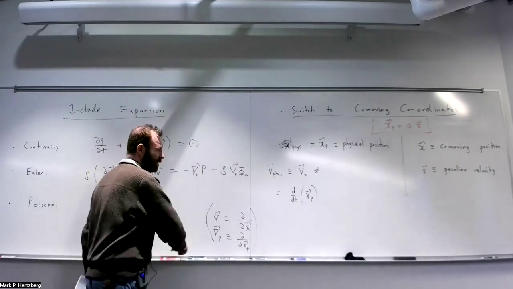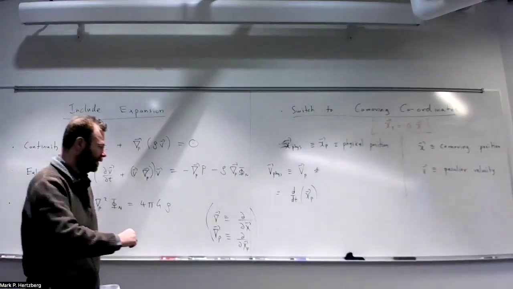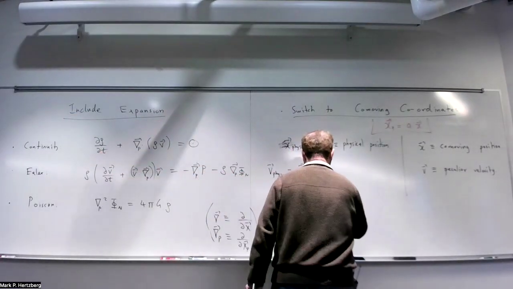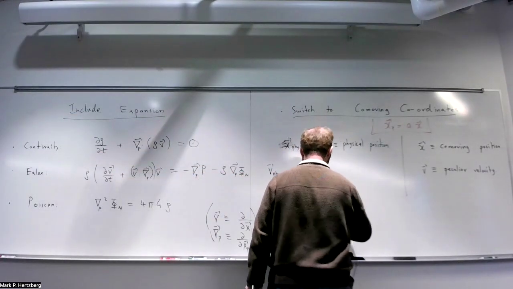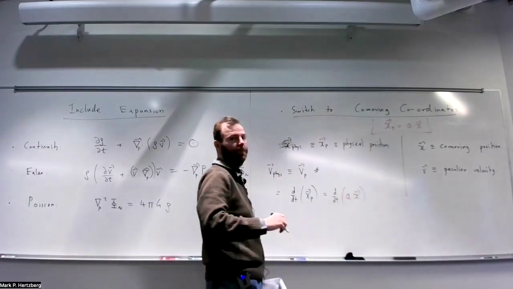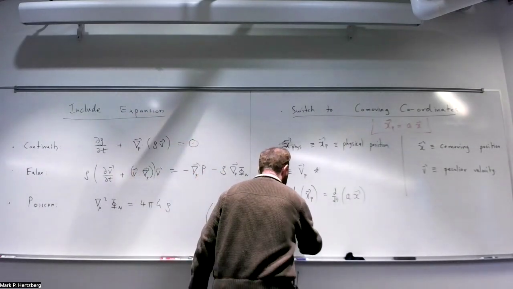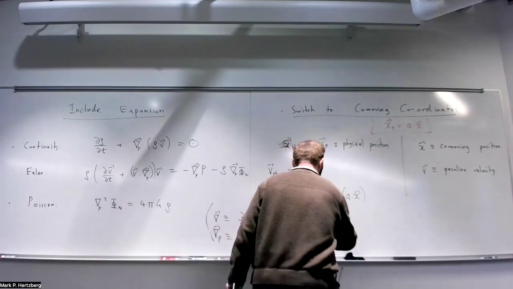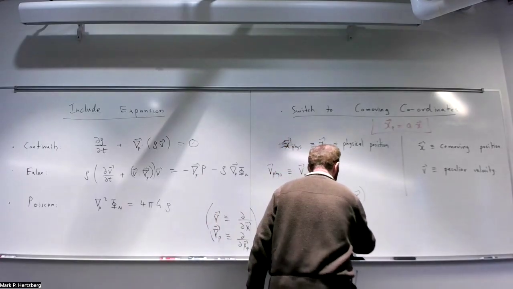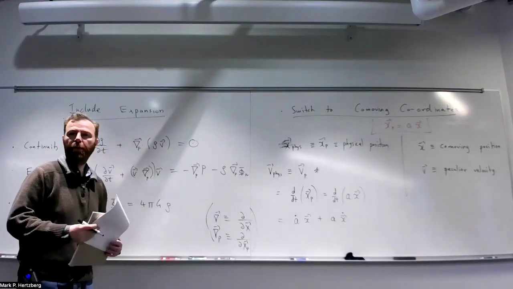Okay, so let's write the physical velocity of the total system out. So this is d/dt of a x. We've done this step once or twice in the course. And so I take these derivatives. So I get a dot x plus a x dot. And this is a nice separation.